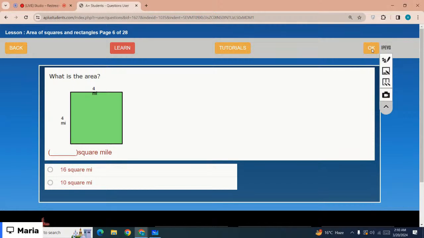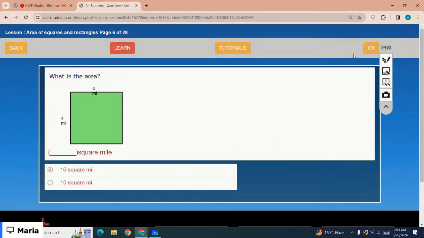What is the area? Which is the correct option? The correct option is 16 square miles.